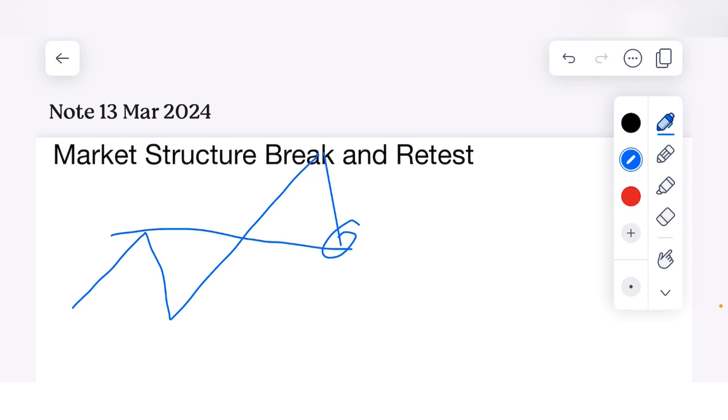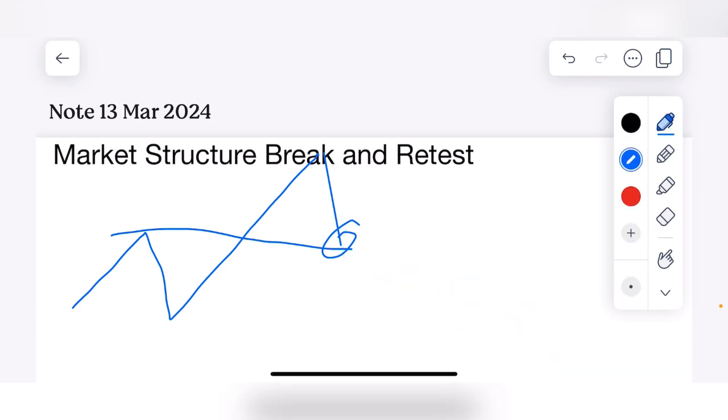These are the things to look out for before taking a trade. You don't just take a trade because it has come back to that point again. No. Sometimes the market will keep on going down, and then it will hit your stop loss.